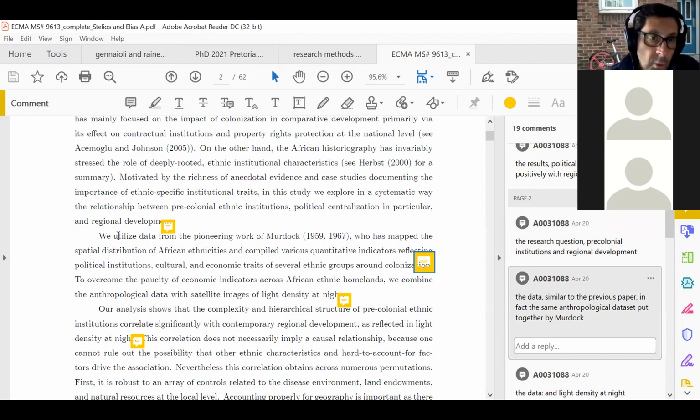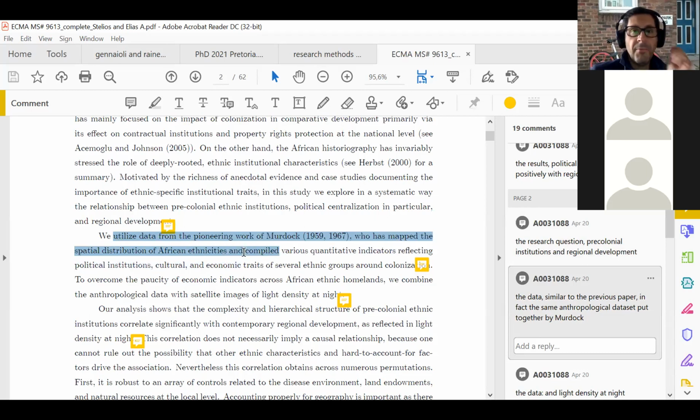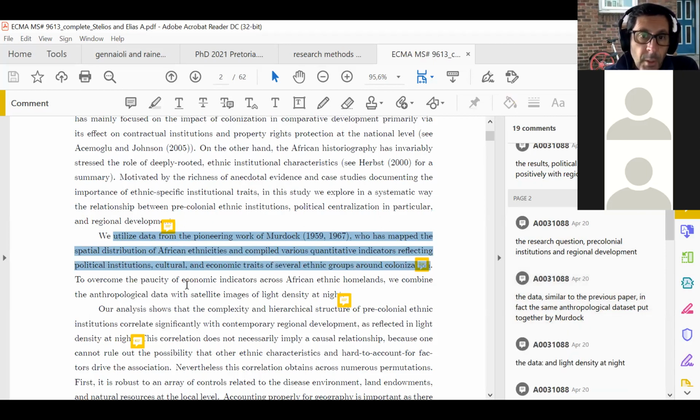They use data from the pioneering work of Murdoch, who has mapped the spatial distribution of African ethnicities and compiled various quantitative indicators reflecting political institutions, cultural and economic traits of several ethnic groups around colonization. What else do they find?